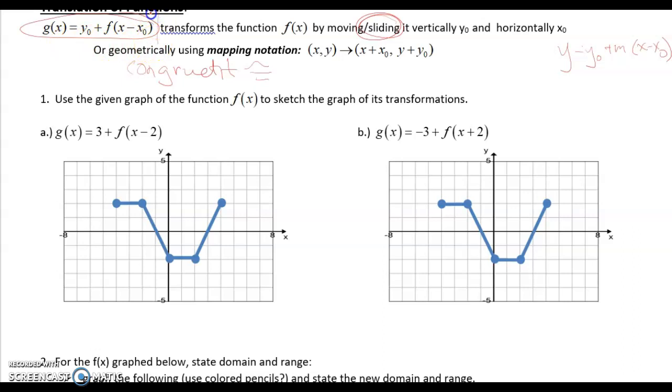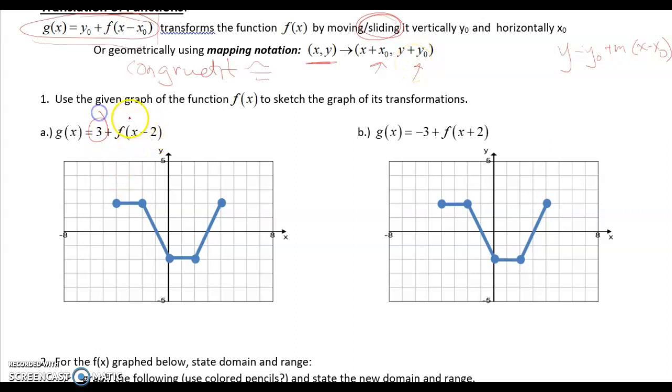And here's how this form slides a function. It takes each and every x, y value and moves it x naught, y naught. So minus x naught moves it to the right x naught. Plus y naught moves it up y naught. So let's look at this.